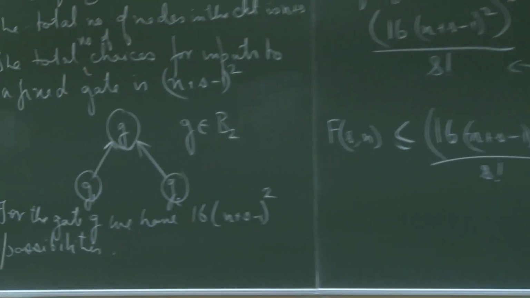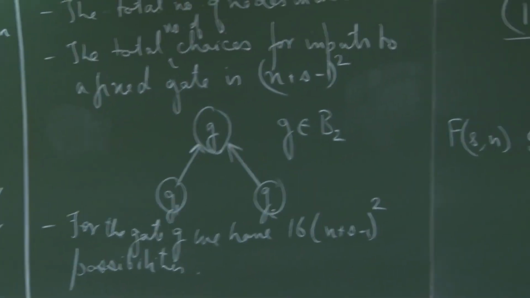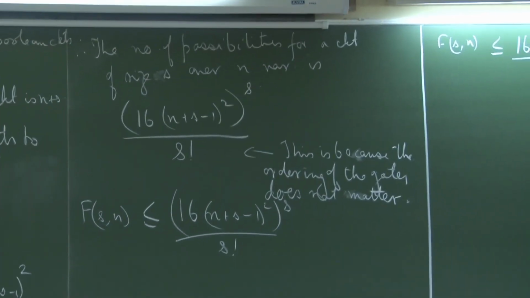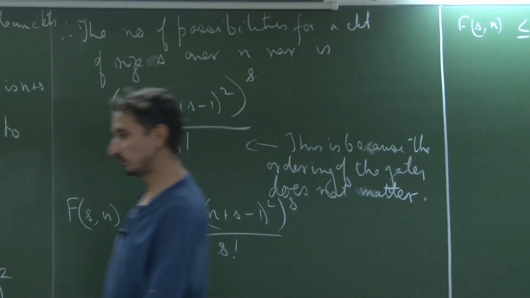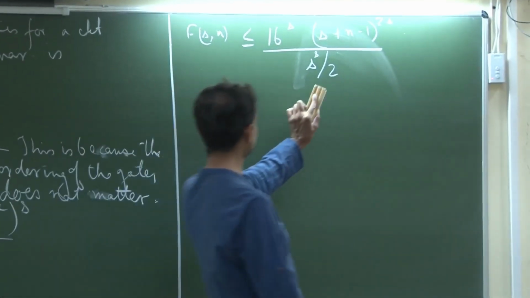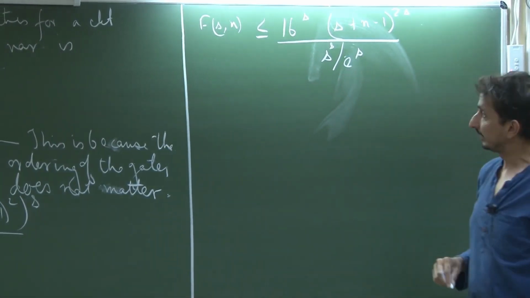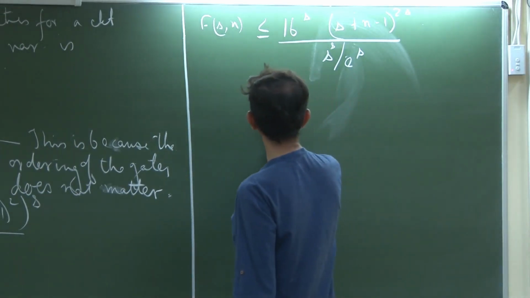Stirling's approximation is s factorial is greater than or equal to s to the power s divided by e to the power s.